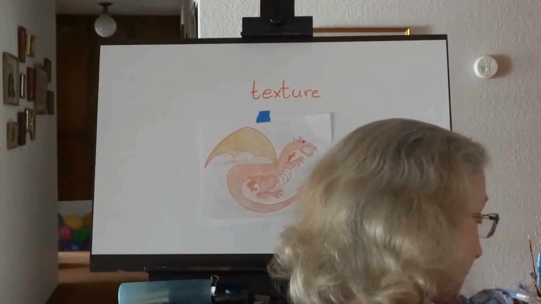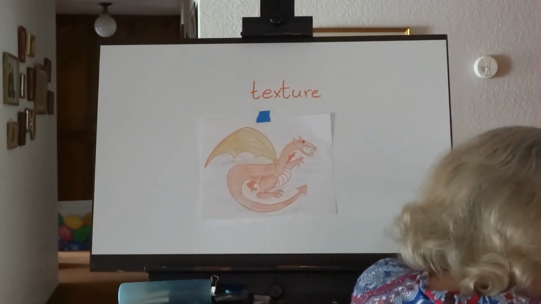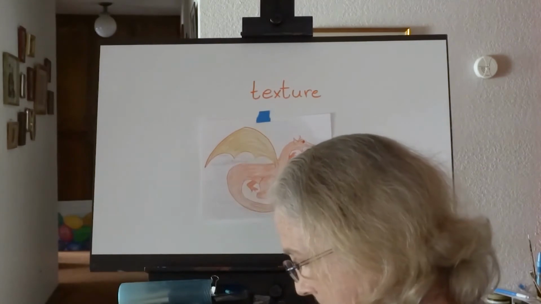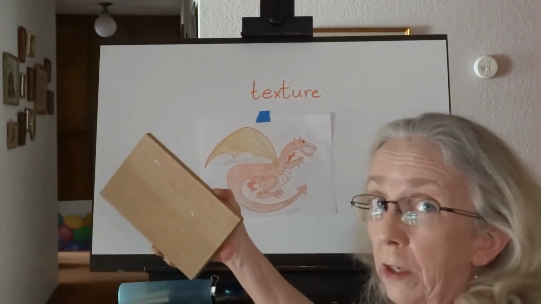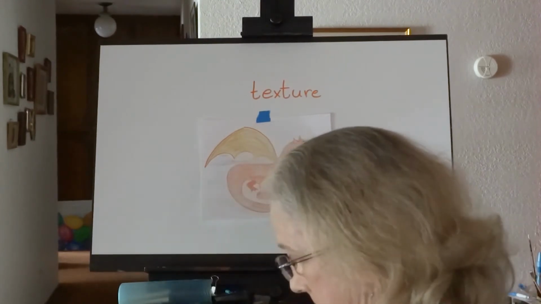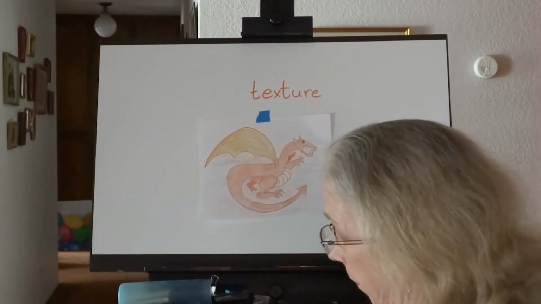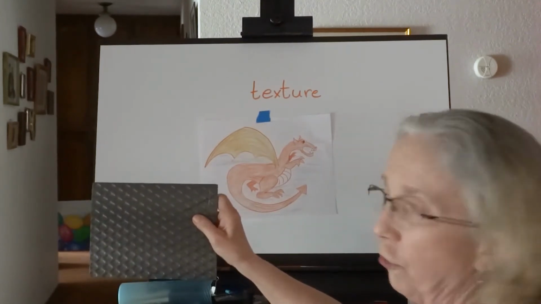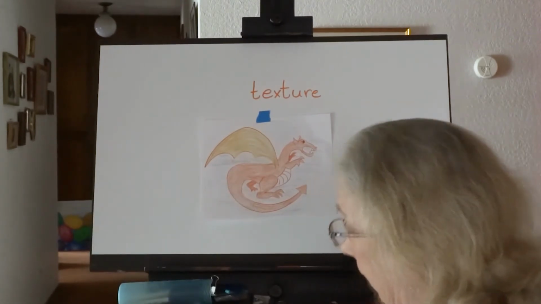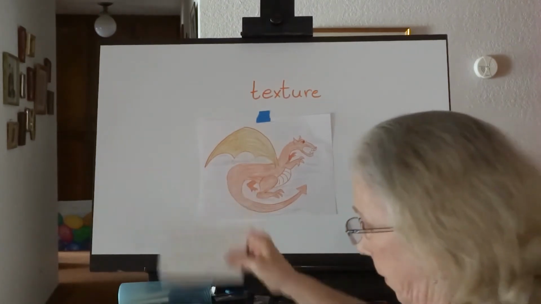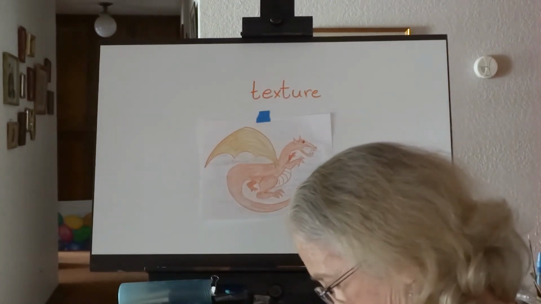And around the house, I found, let's see, a block of wood, some sandpaper, and this is some foam from packaging. And then this is corrugated cardboard from a box. So let me show you how I can use those.